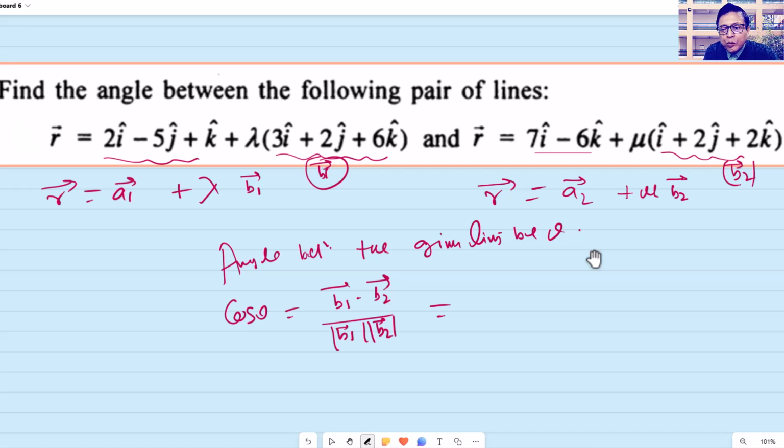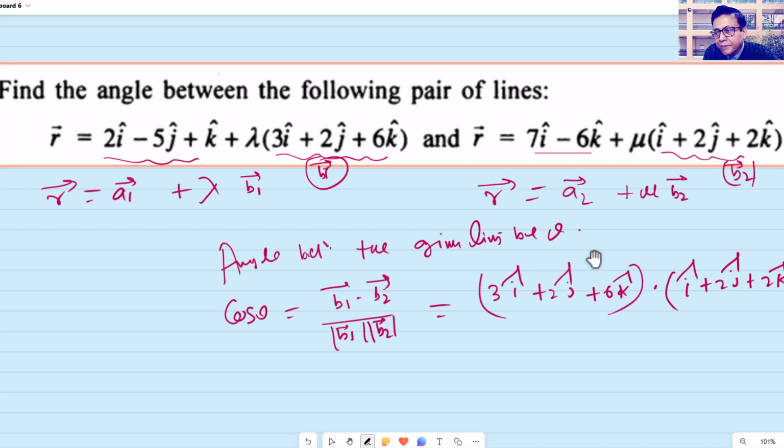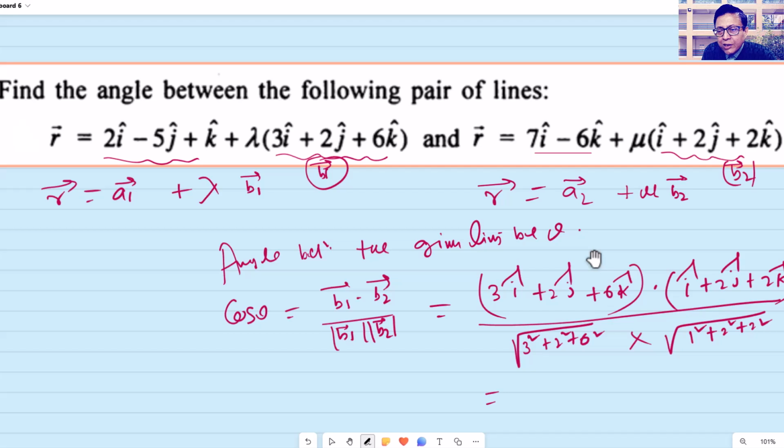So b1 dot b2 going to be 3i plus 2j plus 6k dot i plus 2j plus 2k, that divided by under root modulus of this, 3 square plus 2 square plus 6 square multiplied by 1 square plus 2 square plus 2 square. So take the dot product, 3 plus 4 plus 12 by 7 into 3. So this is 19 by 21.